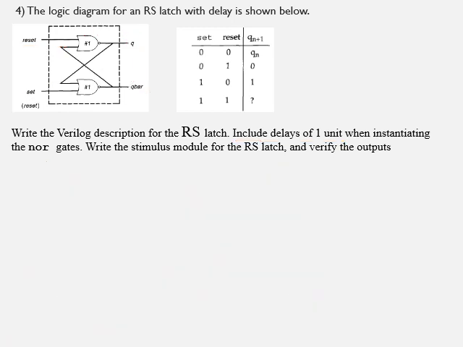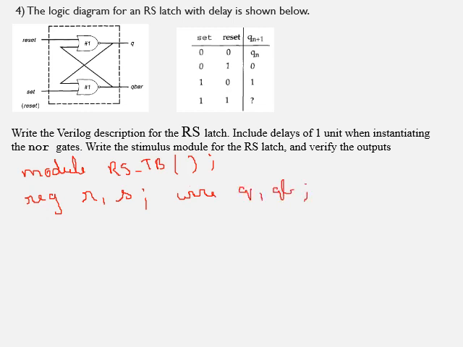Now the stimulus block, I will just write the stimulus block, say module RS underscore TB, empty braces. Now I will declare register R and S and wire Q and Q bar, QB.